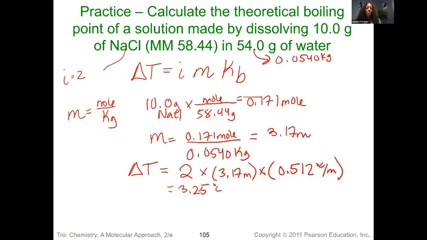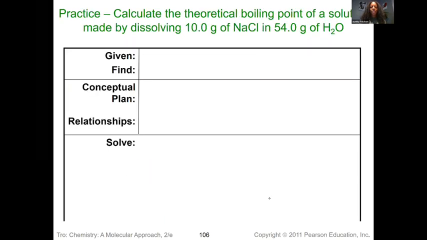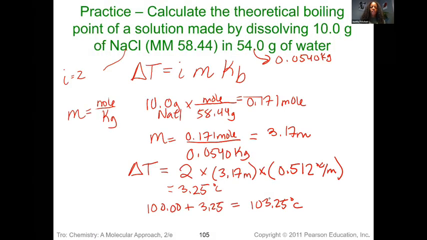Again, that's not the temperature, that's just telling us the change in temperature. And so we know water typically boils at 100 degrees, but we're now adding in this 3.25. And so we would end up with our boiling point at 103.25 degrees Celsius.